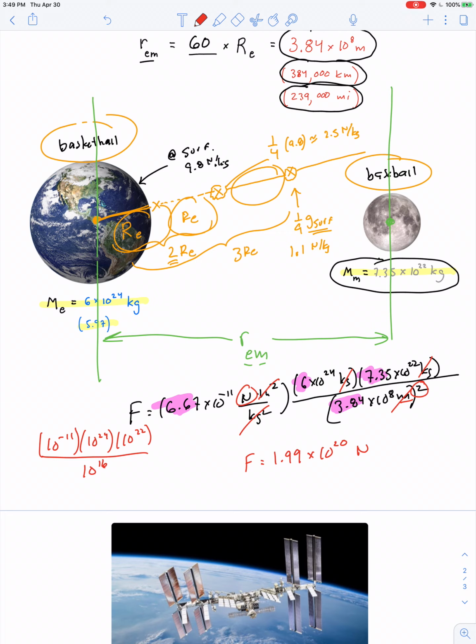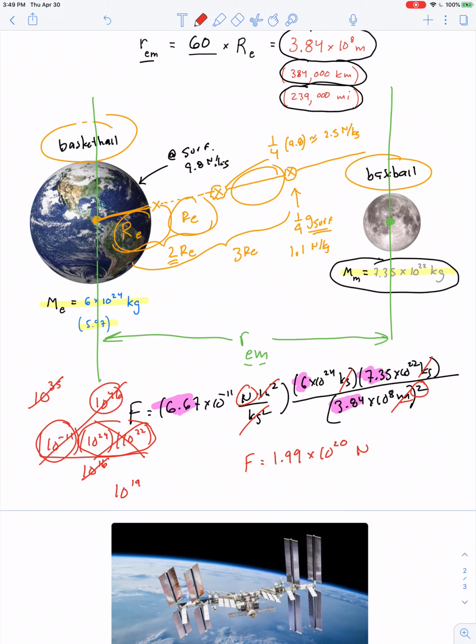So 10 to the 24th and 10 to the 22nd can be combined as 10 to the 46th. 10 to the 46th and 10 to the negative 11th can be rewritten as 10 to the 35th, and 10 to the 35th divided by 10 to the 16th would give 10 to the 19th.